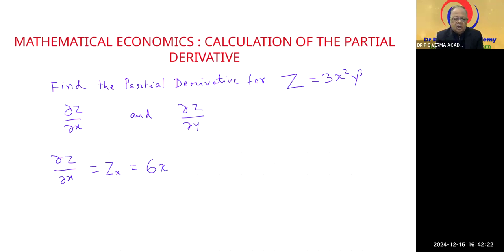And y cube is constant. It will be written as y cube. So the answer will be 6x y cube.